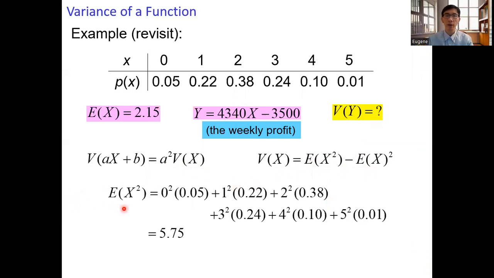Computing the expected value of x squared, we take the square of each possible value of x and then multiply by the associated probability.